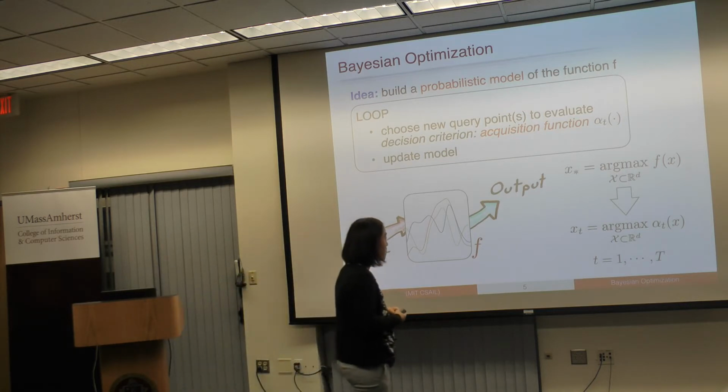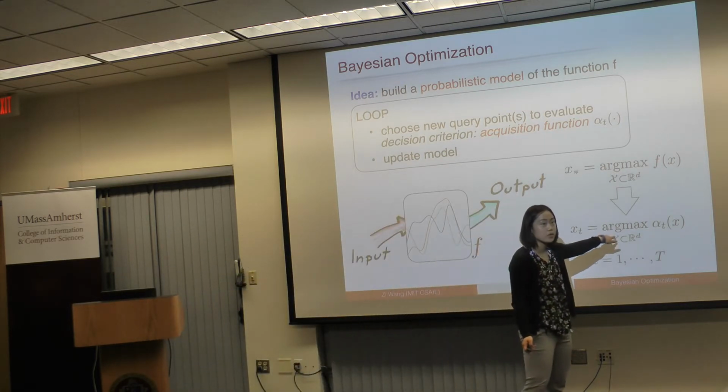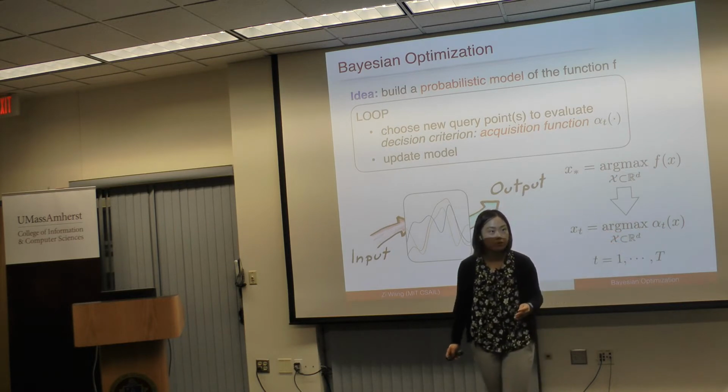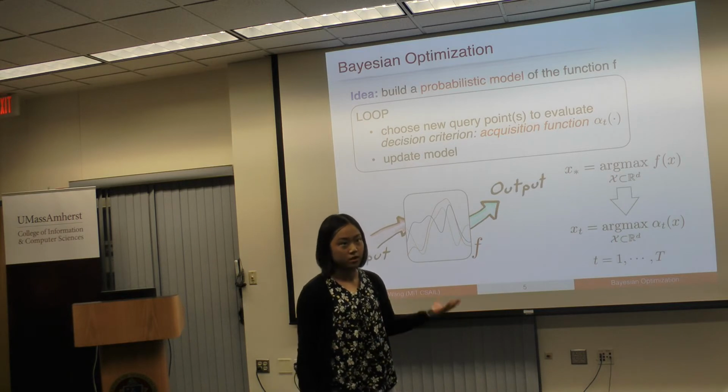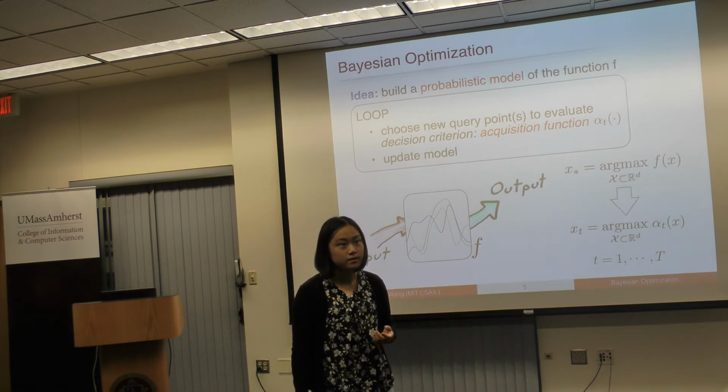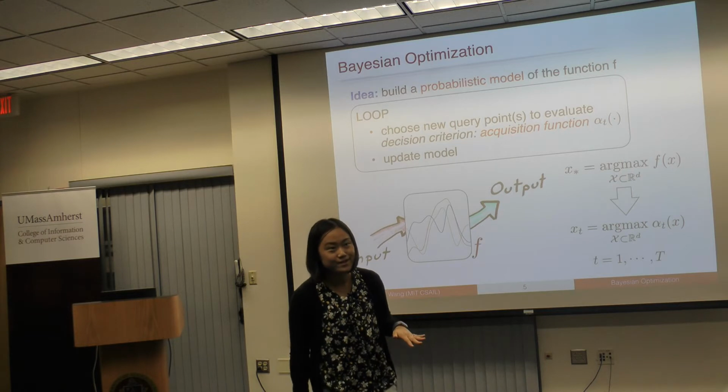Yeah, so you mean the space that we're doing optimization in? Yeah, we're doing optimization for the acquisition function in the same space as the original function. Does that answer your question?